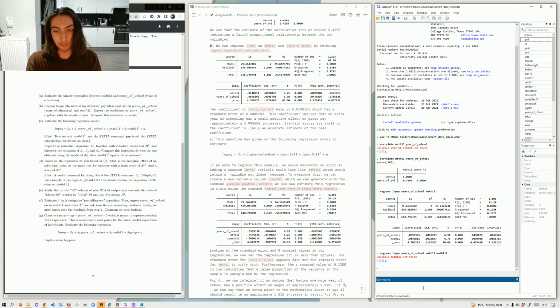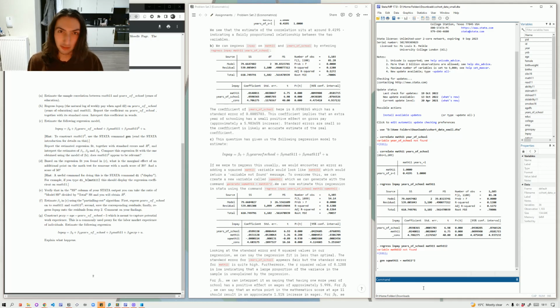You can type gen or generate, either or. Gen is a little easier sometimes, so I just do gen. You type in what you want the new variable to be called. Here I called it sq_math11, and you basically say that's equal to math11 squared.